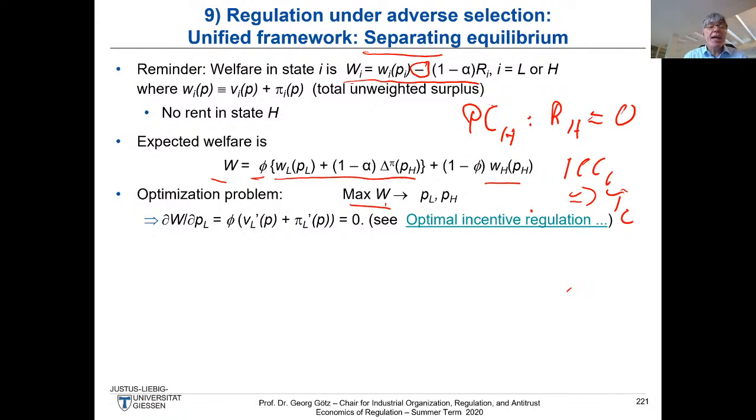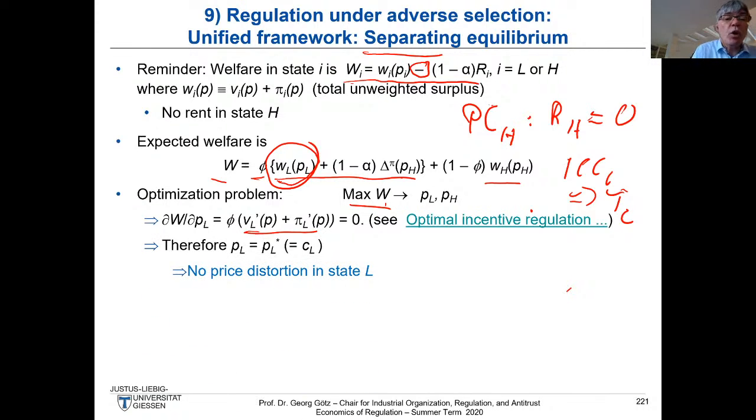Now PL only shows up here in the total surplus, WL PL. And I won't jump back, but we already know that if we maximize total surplus, that's what we are doing here, we get as a result P equal to C, price equal to marginal cost.